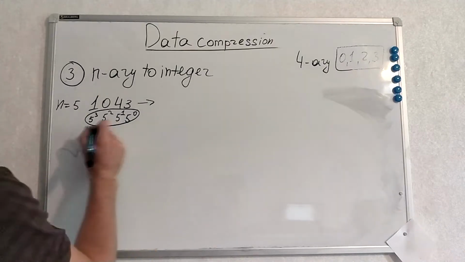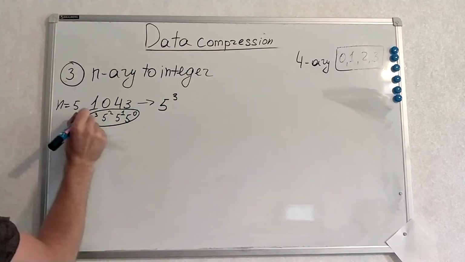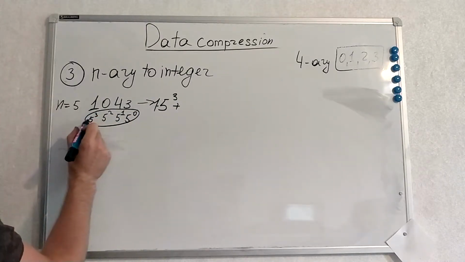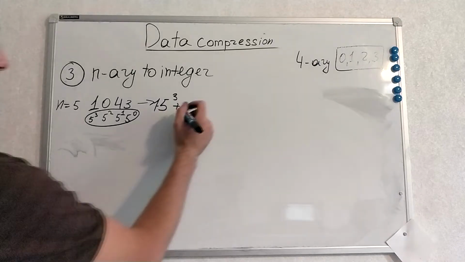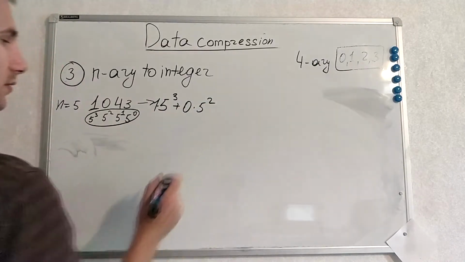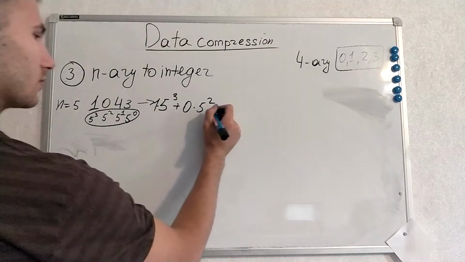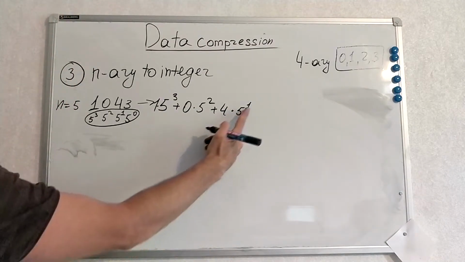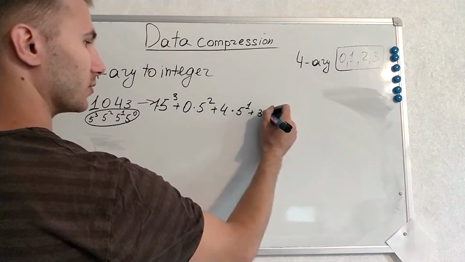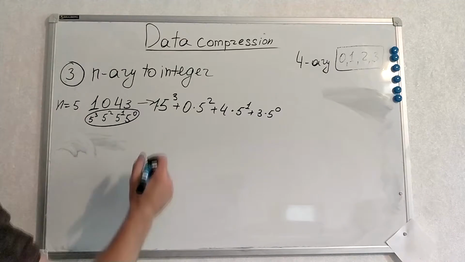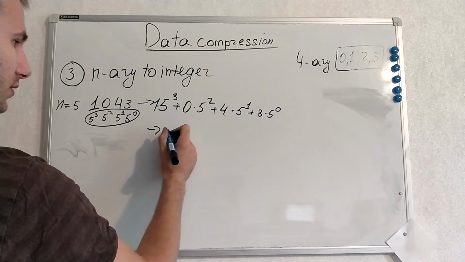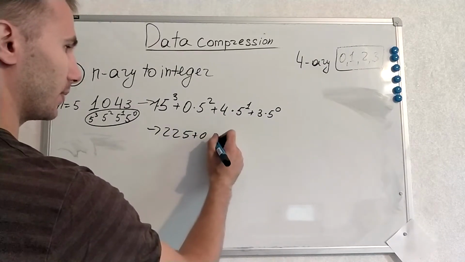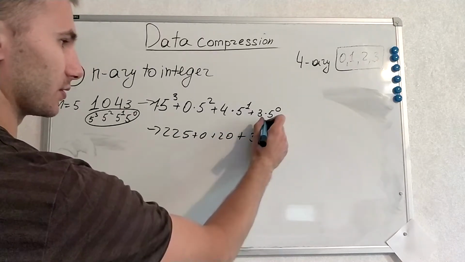Okay, 5 in third power, which represents this one, plus, and we multiply the number in the sequence by the corresponding power of 5, plus 0 multiplied by 5 to the power of 2, plus 4 multiplied by 5 in the first power, plus 3 multiplied by... and at the end we will get, I think it's 225, yes, plus 0, plus 20, plus 3, because this is 1.